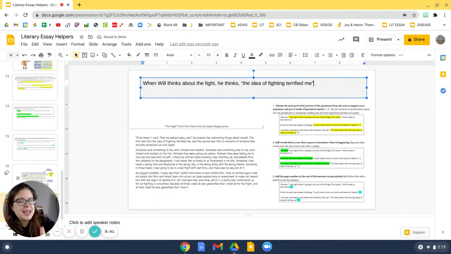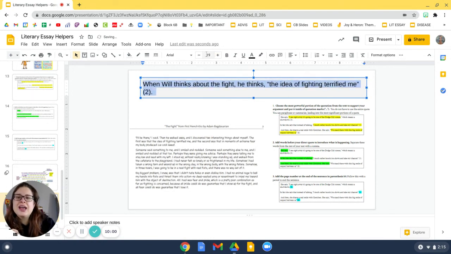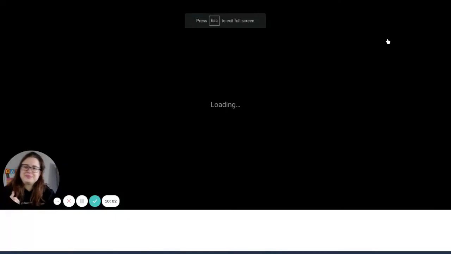Here's where you're going to be tempted to put that period, but don't do it yet. The next thing that happens is a parenthesis with the page number, then close the parenthesis and put a period at the end. Okay, just like that every single time.